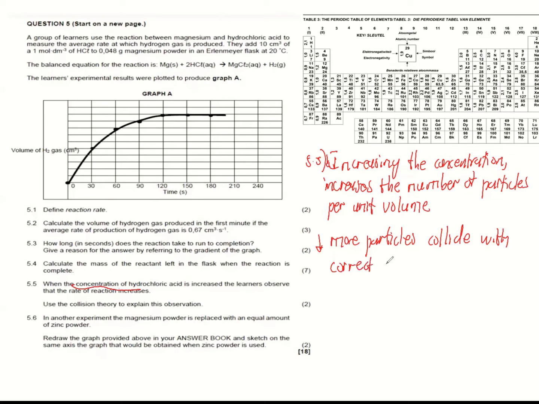So very important for you to mention that. So remember, when we are marking here, we are looking for keywords. More particles collide with correct orientation, and then more effective collisions.